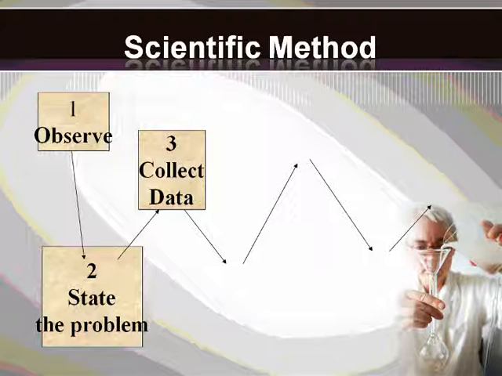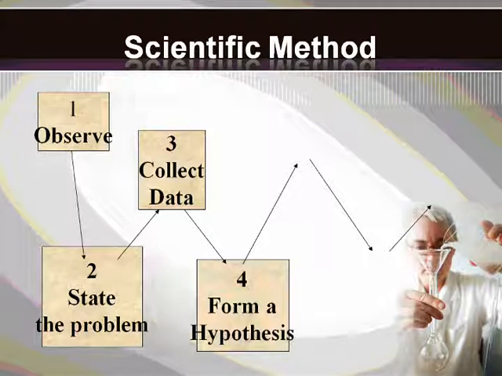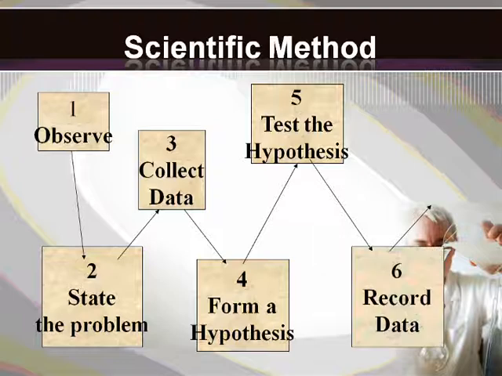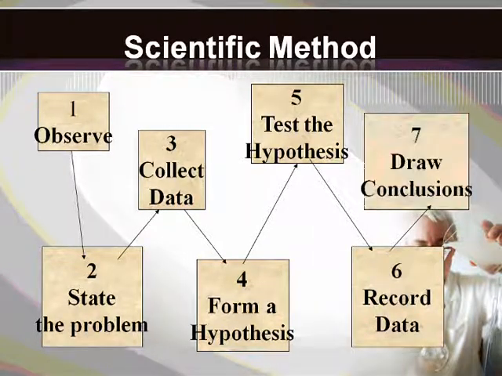If you had to do research, this would be where you did that. The fourth step is form a hypothesis. Fifth, test the hypothesis. Sixth step is to record your data. And the last step is to draw a conclusion. So this is the scientific method. You need to know this order.